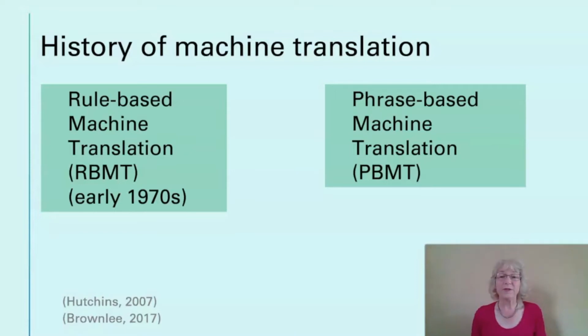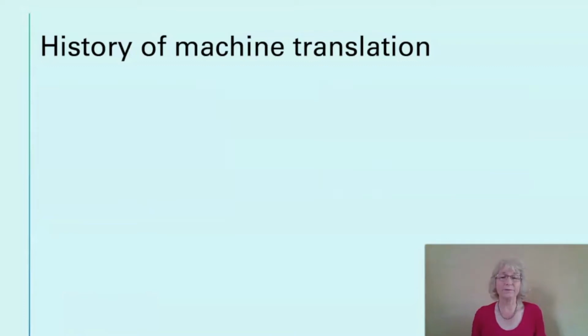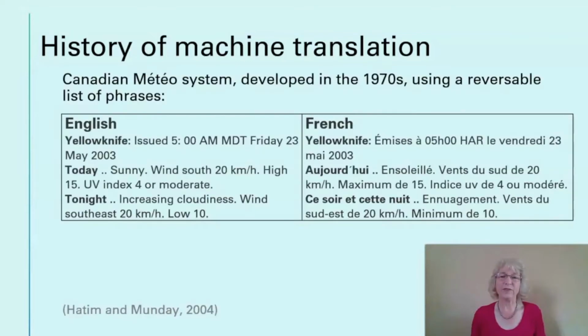However, because of the natural ambiguity and flexibility of human language, these systems still led to frequent errors in syntax and context. An example of a simplified phrase-based system was devised in Canada in the 1970s for weather forecasting. As you can see from this example, there's a limited list of phrases to choose from, which have an exact equivalent in the other language.